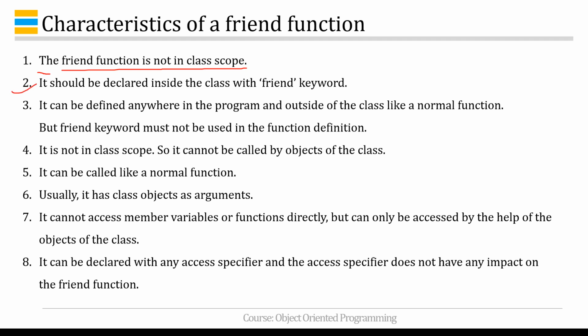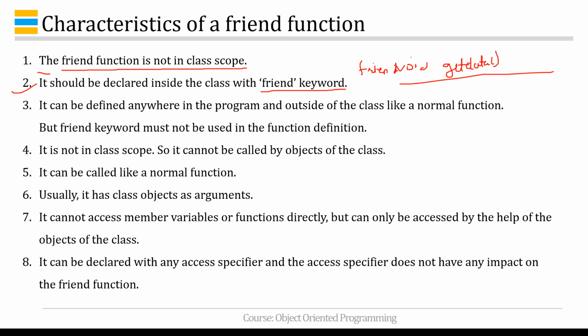It should be declared inside the class with the friend keyword. So suppose there is a normal member function, void getData. If you want to make this member function a friend, then you will use the friend keyword before void.